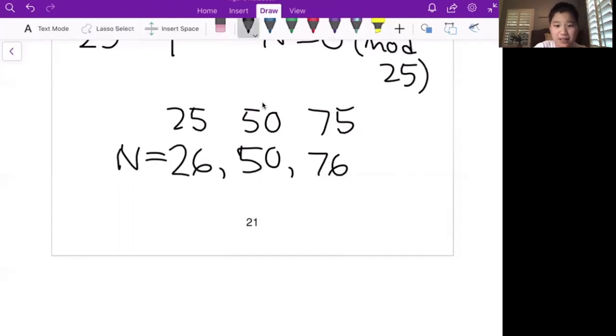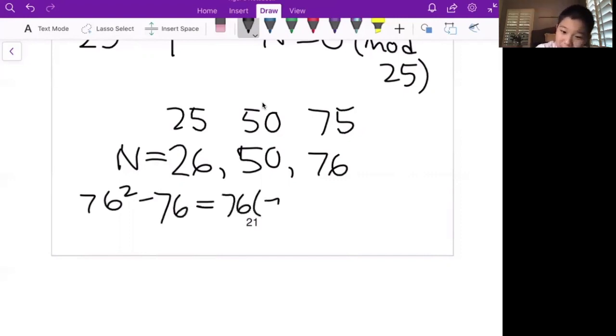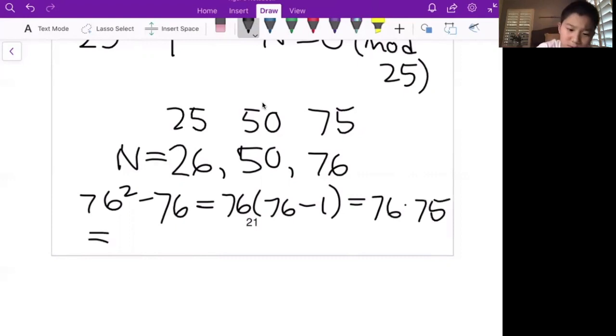Then 76, this should be correct now. 76 squared minus 76 is equal to 76 times 76 minus 1, factor it, 76 times 75 equals. 76 is 19 times 4.